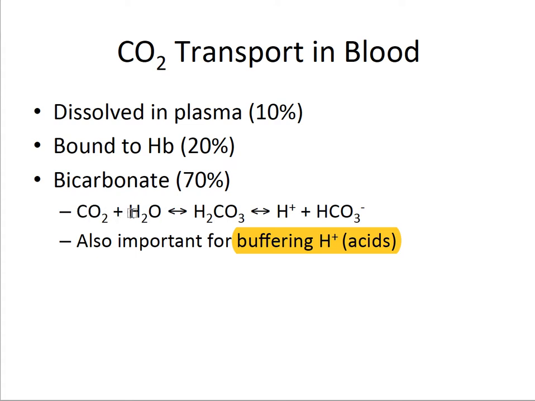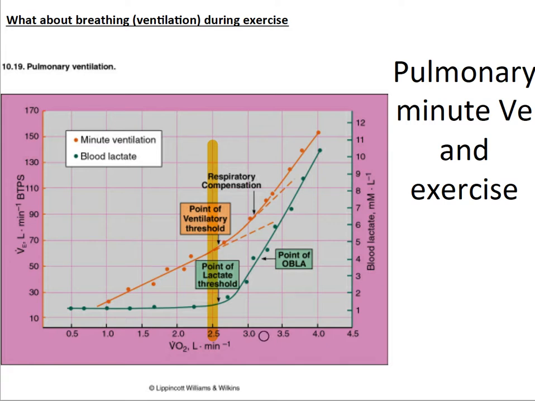So we're blowing out some water vapor, and obviously we're blowing out CO2. And this CO2 came from the buffering of these lactic acids, or different metabolic acids like lactic acid. So when we're increasing the rate of lactic acid formation, we're also increasing our breathing rate to blow off that additional CO2 that came from lactic acid buffering.